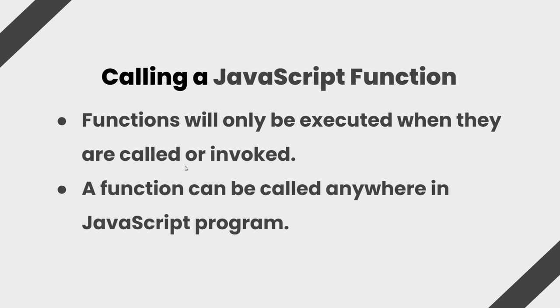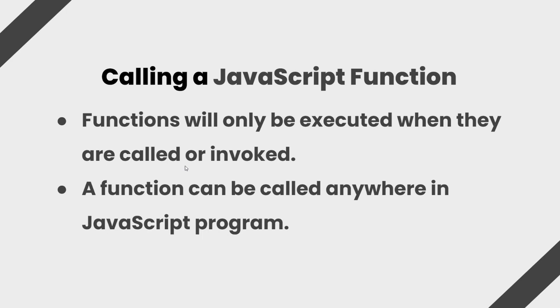This means that normally you just write your function, you start with the function keyword, you give it a name. If you need parameters, you give it a parameter, and you also put your code block within the curly braces. The moment you do that, your function will not be executed.